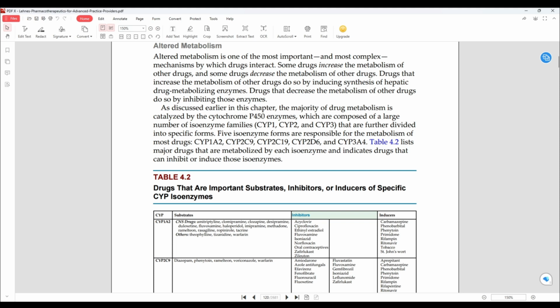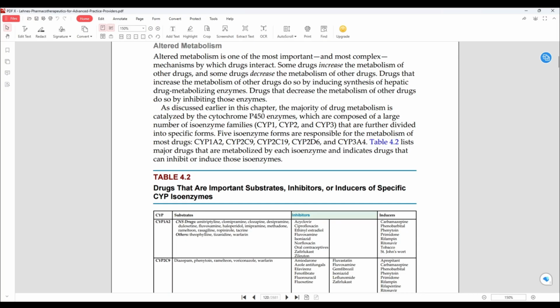Again, that's CYP1A2, CYP2C9, CYP2C19, CYP2D6, and lastly, CYP3A4.